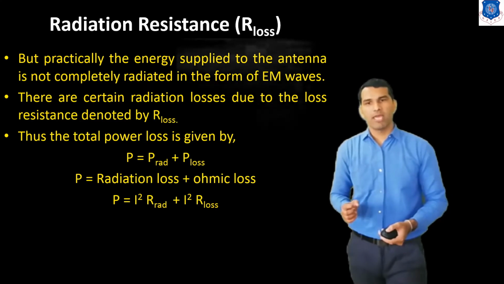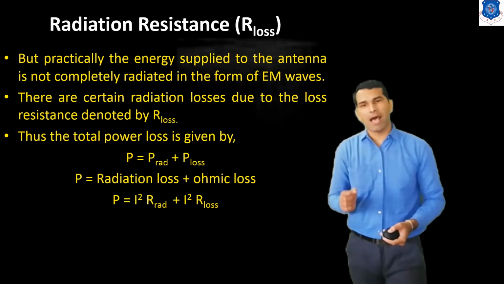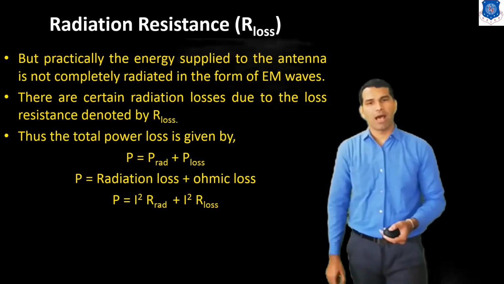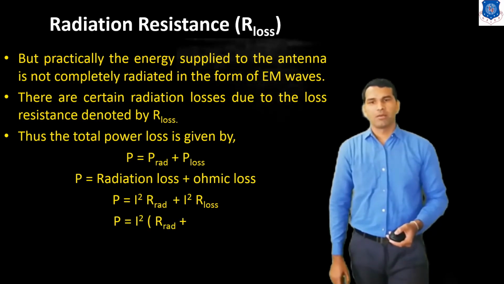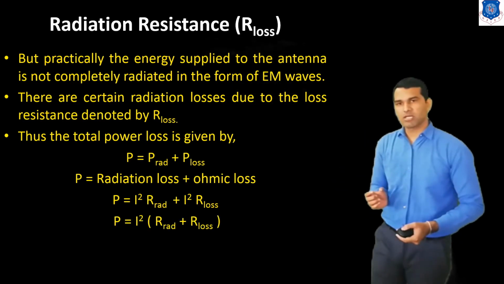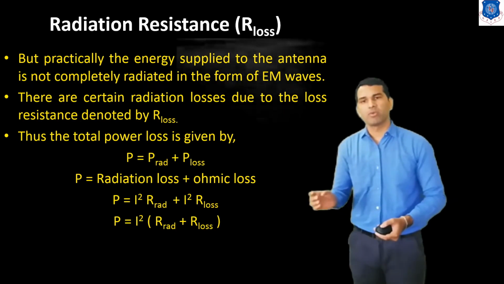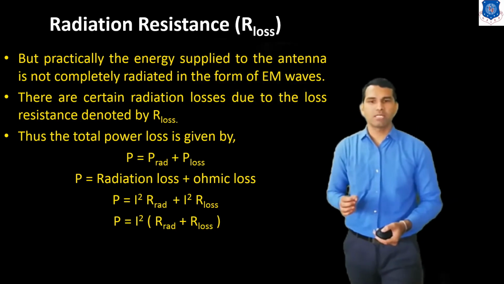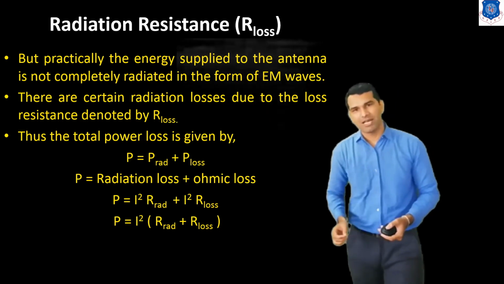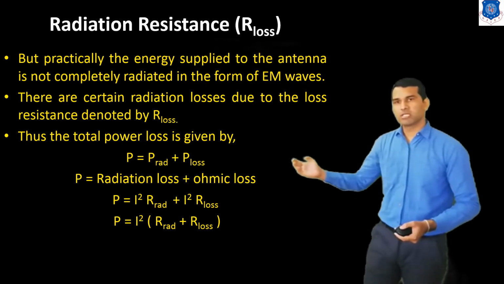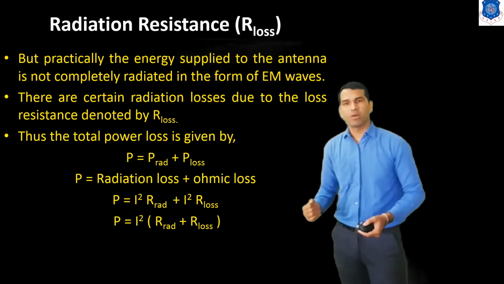So P is equal to I square R radiate plus I square R loss. Taking I square common, we can write P is equal to I square times R radiate plus R loss. So this is the equation for the power.